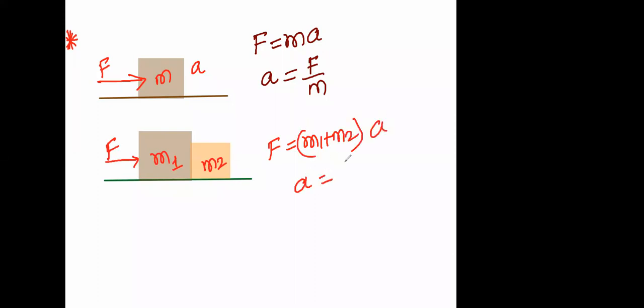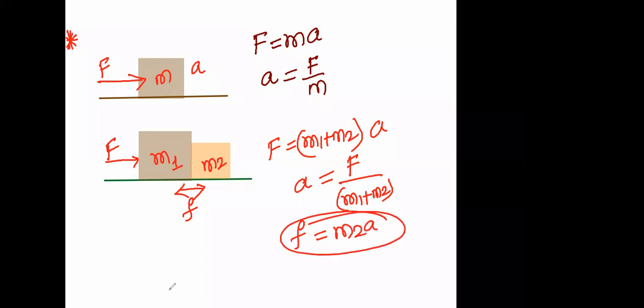Our acceleration a is equal to net force, meaning total applied force, divided by total mass: a is equal to F divided by (M1 plus M2). In between these two, a contact force is there. This contact force opposes the motion of the first block, or it helps to drive the motion of the second block. Then the contact force F is M2 into a.